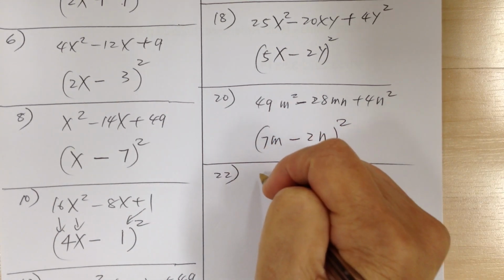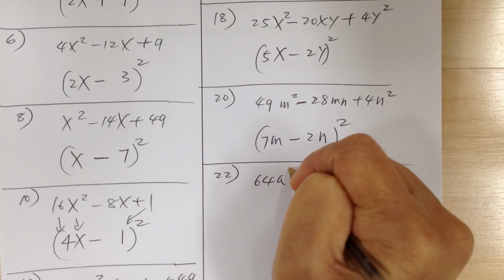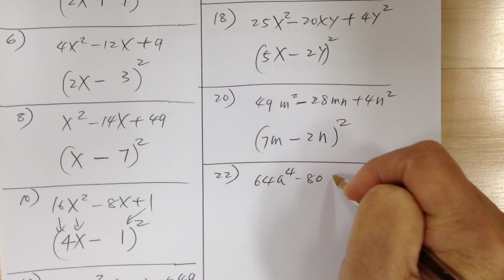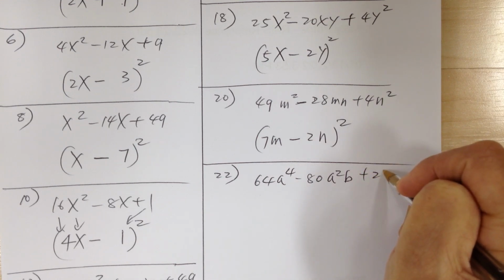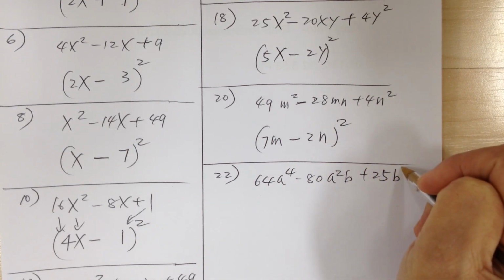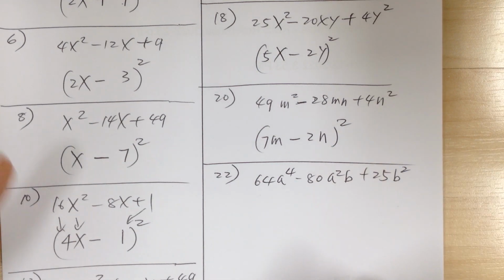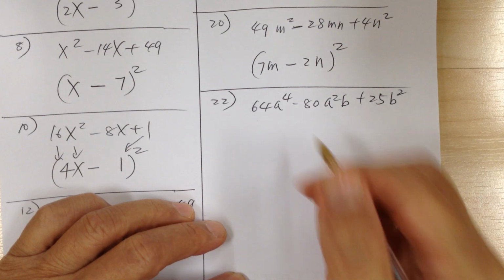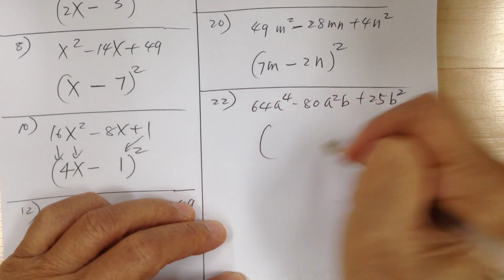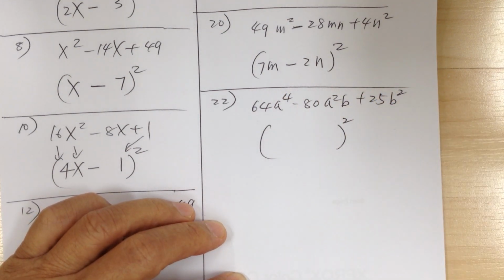Okay, 22. You have 64a to the 4 minus 80a squared b plus 25b squared. Okay, so you can go through step 1, common factor cannot. So you go to step 2b.